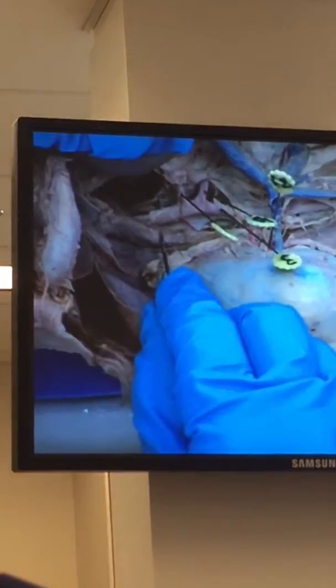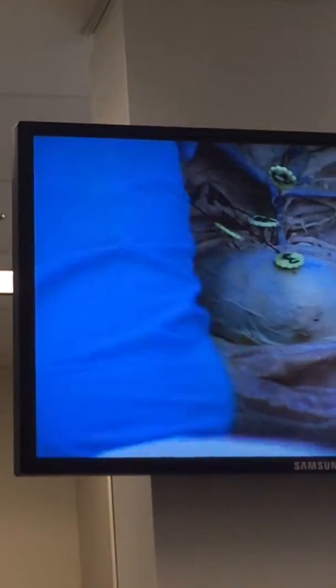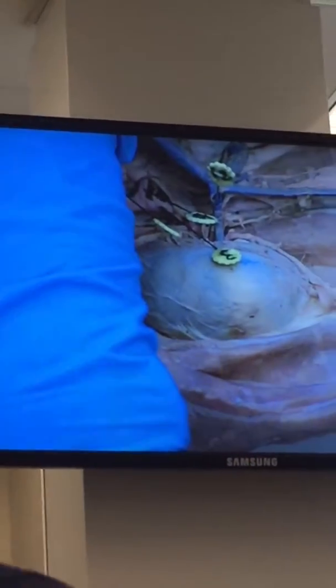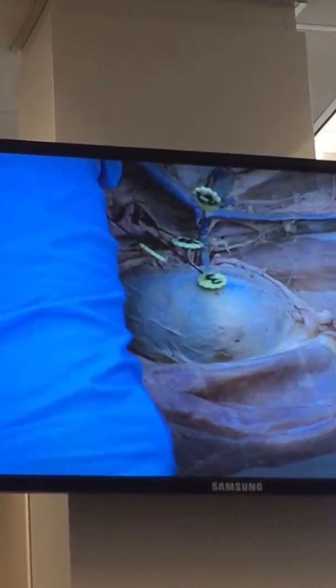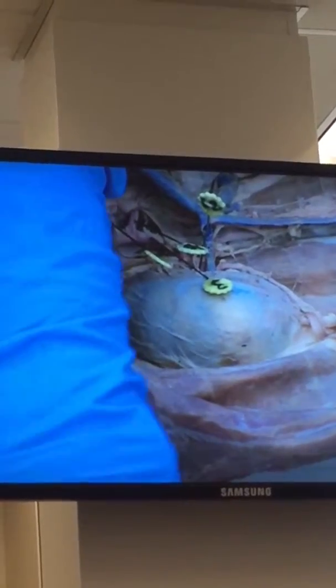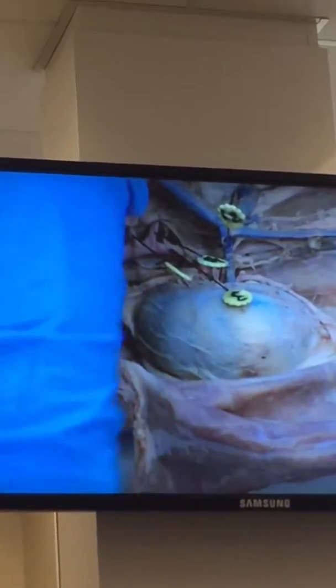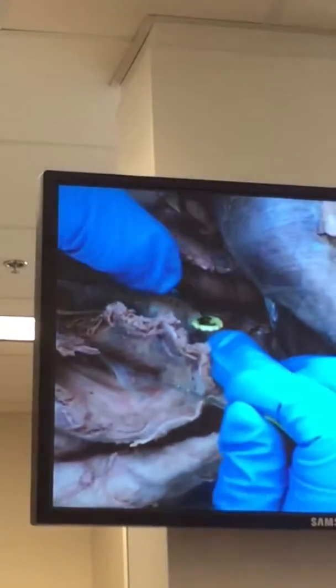The descending aorta, this particular region is going to be thoracic, abdominal, and pelvic. So descending aorta in the thoracic, real quick, I didn't show you that.